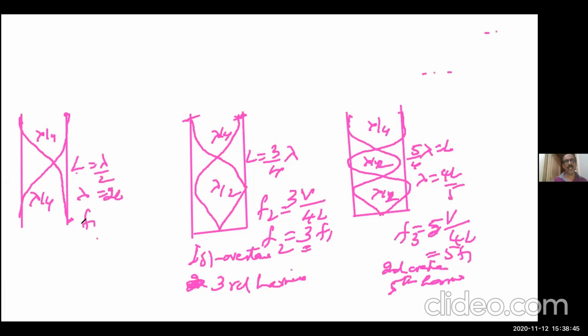Lambda is equal to 2L. F1 is equal to V by lambda, F1 is equal to V by 2L. Same as in a stretched string. Everything will repeat like in a stretched string.